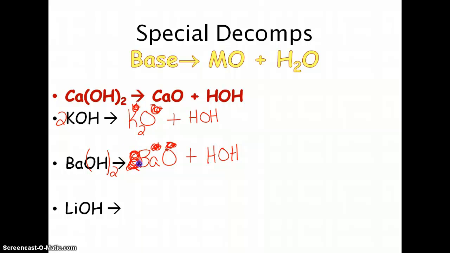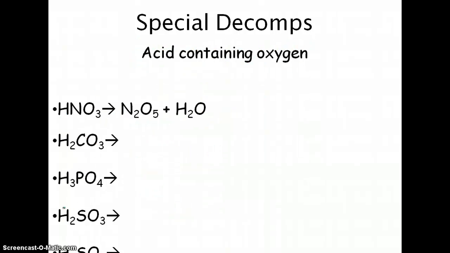Let's see. Nope, that's balanced. Okay, we're good. All right, and then this one, you're going to get lithium oxide, 1 plus 2 minus. So that slings a 2 down there. And HOH, and then a 2 in front there, and there you go. So if you have a base, it breaks into the metal oxide and H2O.